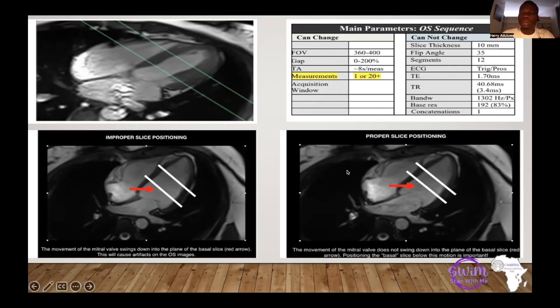So what you do is plan below the valve. If the mid short axis you did for your normal short axis earlier is here, which is very correct, when you come to the hyperventilation sequence, you have to put it away from the mitral valve, so that while the valve is opening and closing and causing motion, it won't affect your acquisition parameters.